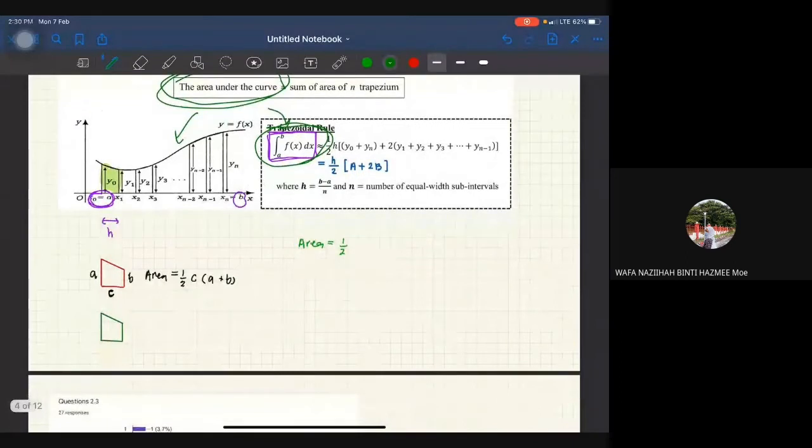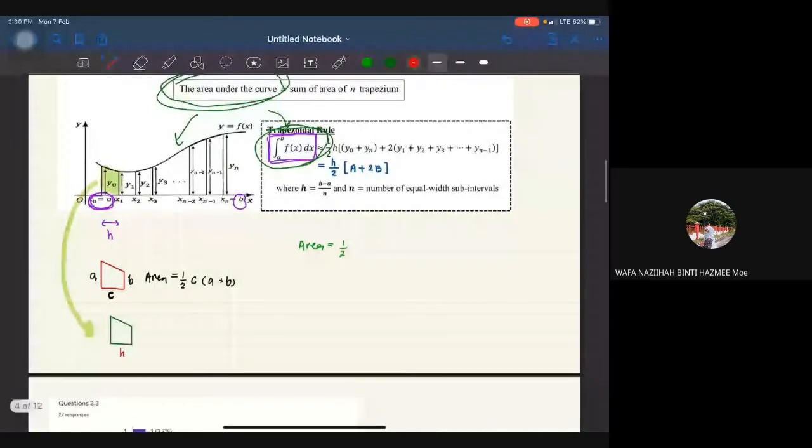Alright, so for this one, yang warna hijau saya highlightkan ni, ke bawah ini. Okay, so dia punya lebar sekarang adalah H. Alright, and then dia punya tinggi yang belah kiri, this one, it's Y naught. Okay, you nampak tu? Okay, so it is Y naught.